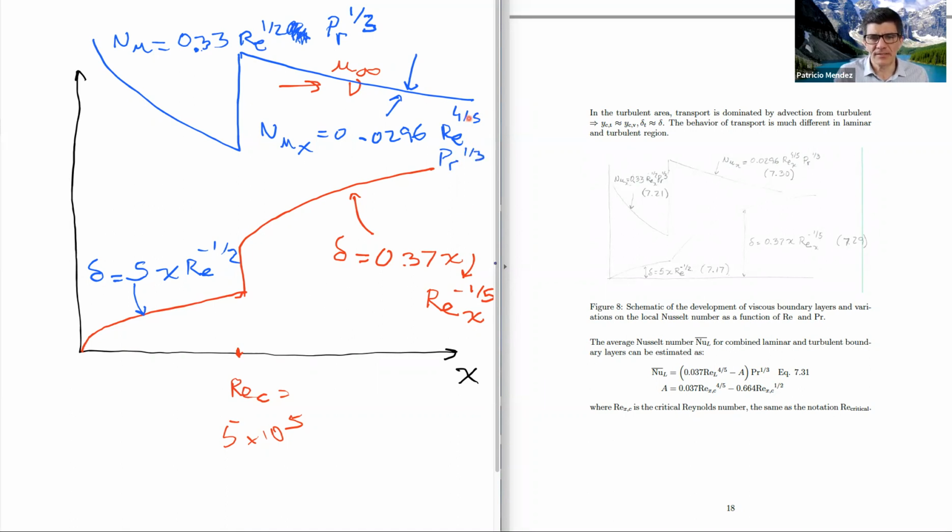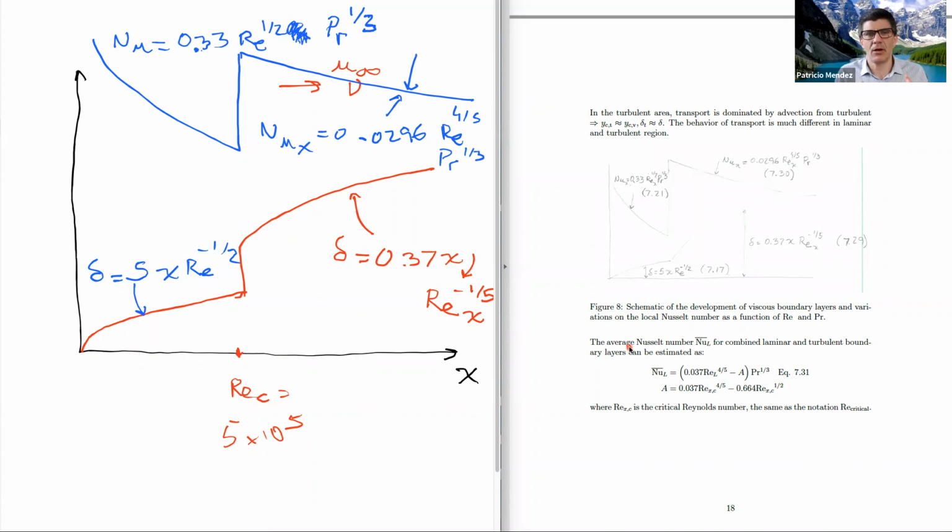It is no coincidence that here we have a 1/5 and here a 4/5. 4/5 is 0.8. Keep this 0.8 in mind, because it is going to appear again. So this is your local Nusselt number for turbulent flows. It is semi-empirical. I don't know where the 4/5 comes from, but I know it is 4/5, and you're going to see it appearing again.